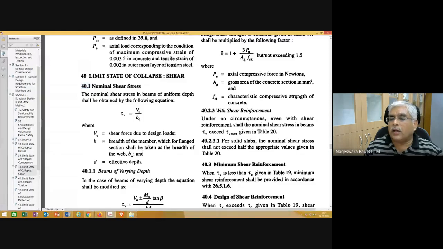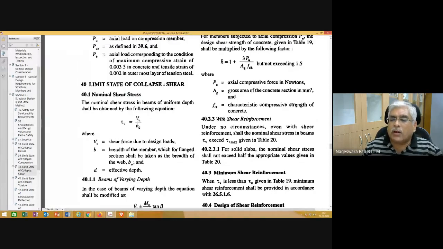Okay, once you get the nominal shear stress, this is the shear stress which we need to take care of in our design. So now, please note that concrete inherently, even when you are not going to provide additional reinforcement for taking care of shear, is going to possess some amount of resistance to take shear.